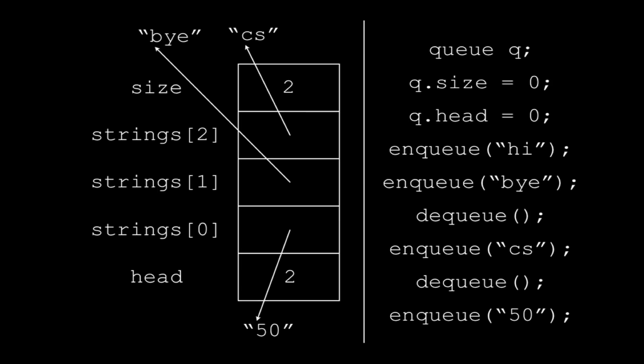It should return to 0. It should wrap back around, exactly. So far every time we call dequeue, we've been adding one to the head, add one to the head, add one to the head. But as soon as that head pointer gets to the last index in our array, then we have to wrap it back around to the beginning, go back to 0.